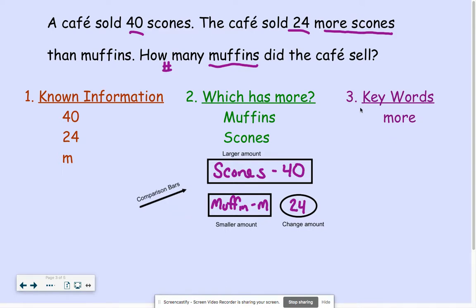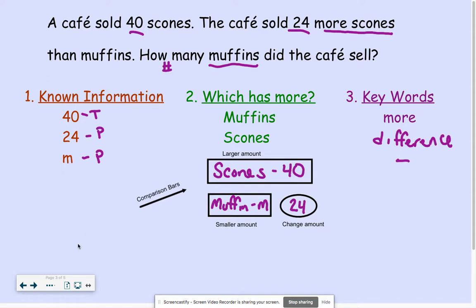Now we look for some keywords. In this one, the keyword is more. More is a difference word. Difference words mean we're subtracting. Because 40 was our total, our larger amount, we know that these other two are parts. So we can write an equation.